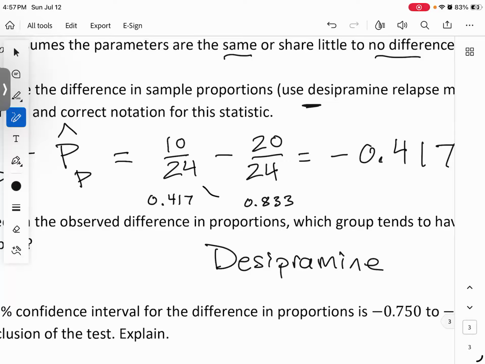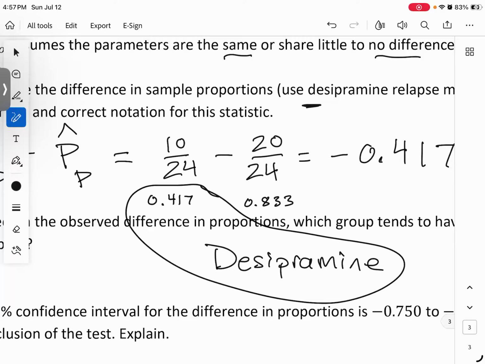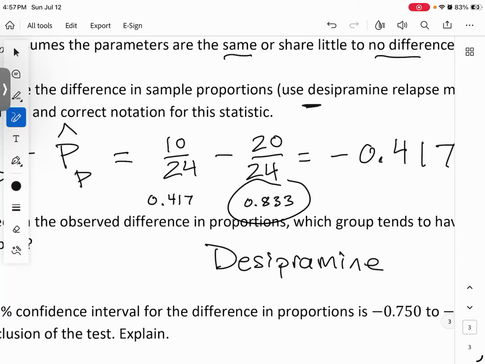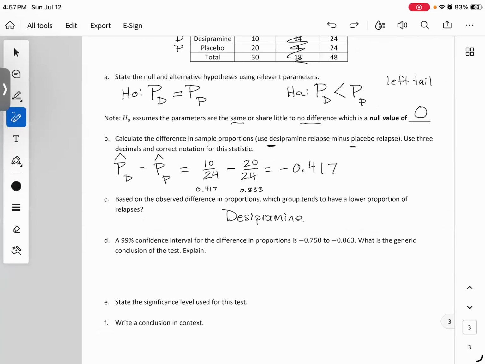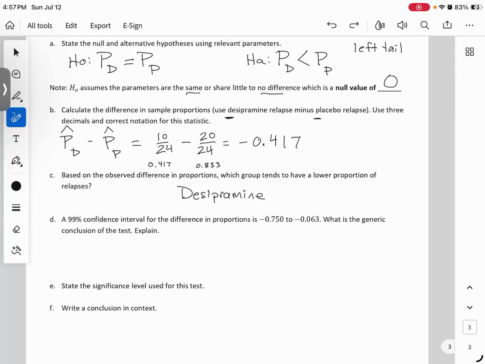That's just another way to show you that the new drug was lower, like 41, 42%. The placebo group, like about 83% of them. In other words, it's totally okay if you want to put somewhere nearby what they were in decimal versions to see a lot more immediately who was better.